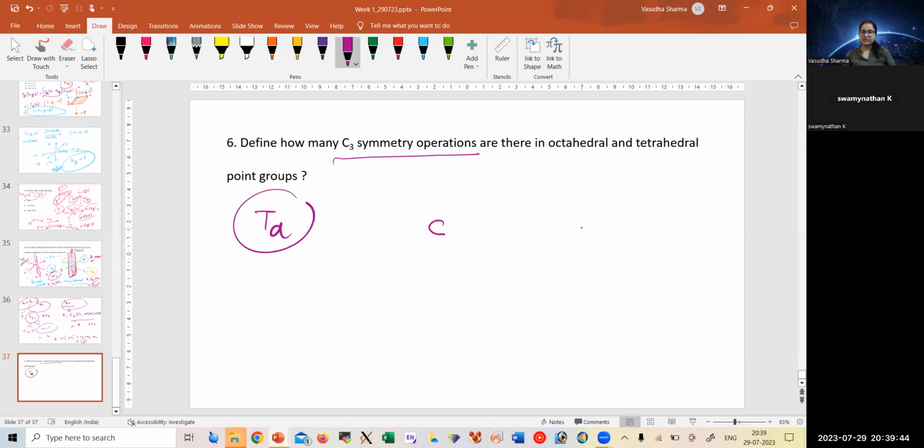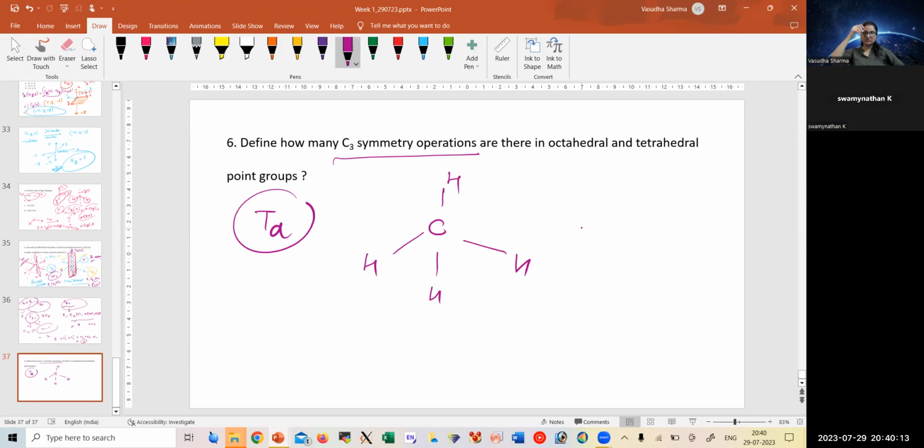Say, for example, I've taken the case of methane. We know that methane exists in this tetrahedral format, right? How many C3s are there? Just along the axis. There are 4 hydrogens. Is C4 possible? C4 would be possible here, for example.